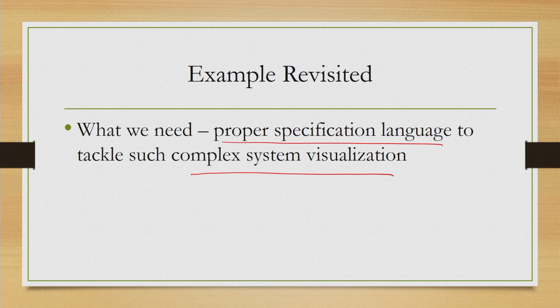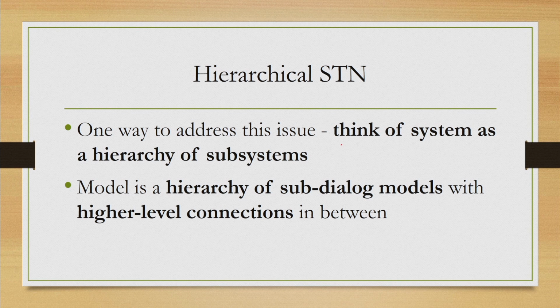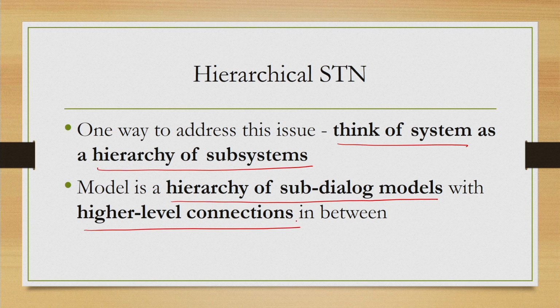So, what we need is a proper specification language, and in this lecture we are going to learn about a couple of such languages. We will start with one language which is called hierarchical STN, or hierarchical state transition networks. The basic idea is that we can think of the whole system as a hierarchy of subsystems, and the overall model is a hierarchy of sub-dialog models with higher level connections in between.